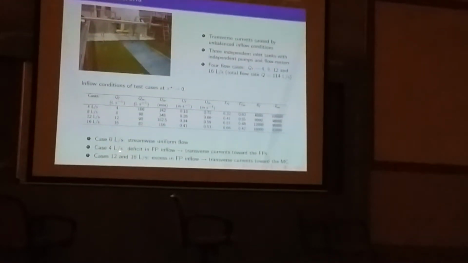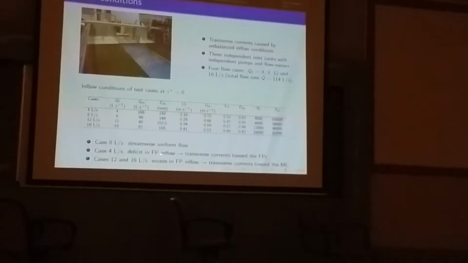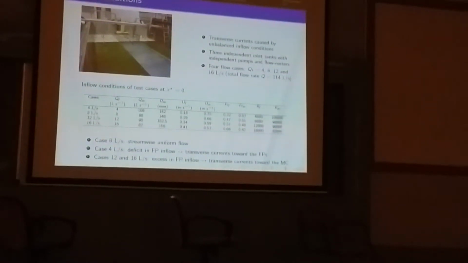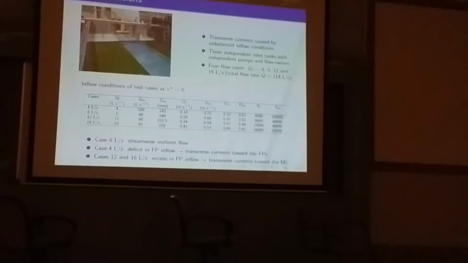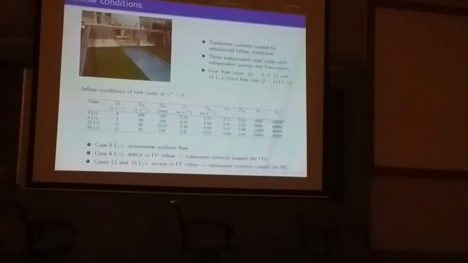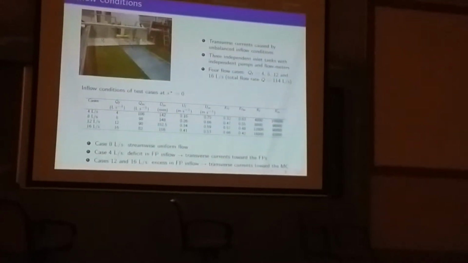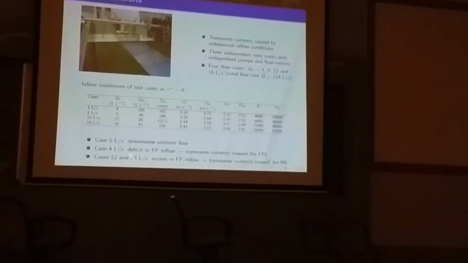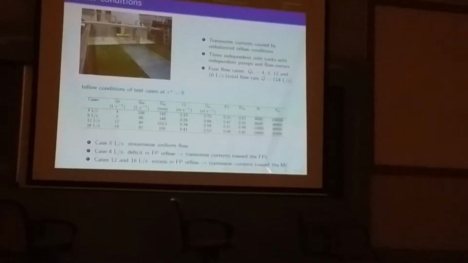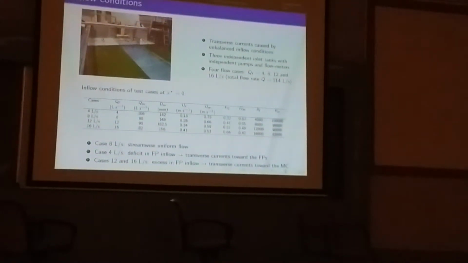For the case 4 liters per second, with a deficit in floodplain inflow, we generate transverse currents toward the floodplain. The floodplain needs some additional water. And for these 2 flow cases, 12 and 16 liters per second in the floodplain, we are generating transverse currents toward the main channel. Do you understand this? Okay?